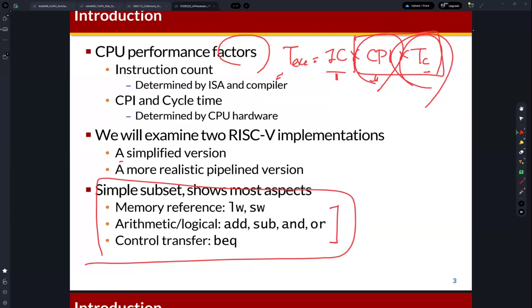Actually, in the undergraduate course, we will learn about very simple processor design.